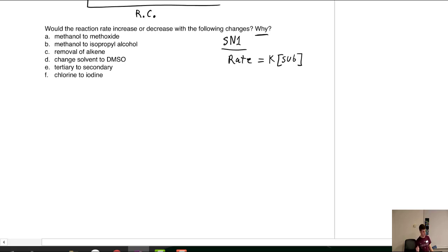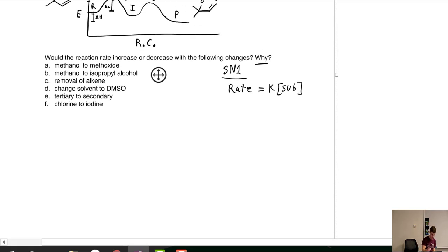So they're saying if we changed methanol to methoxide, what would happen? So we're going from, I'll draw it here, we're going from this, and methoxide is just the deprotonated form of methanol. So now we have a minus charge instead of a proton.